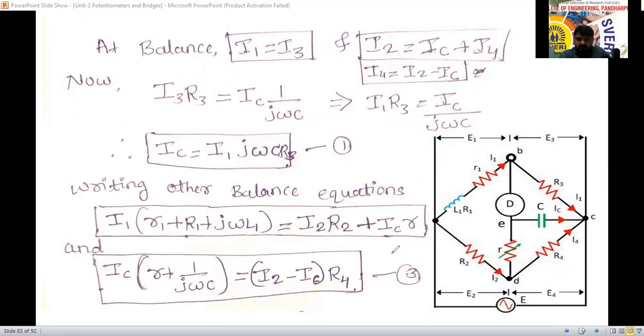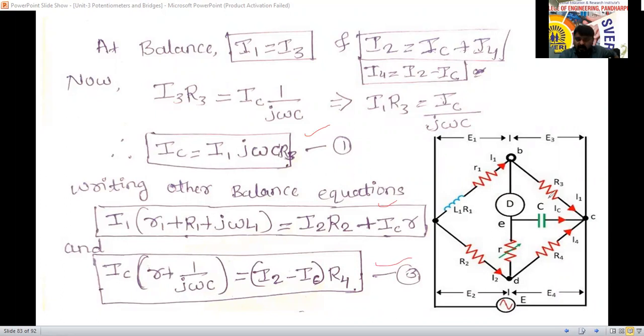Any doubts here? From this one to this one, and from here to here, we have written all the balance equations: equation number 1, 2 and 3 we have calculated and derived here.